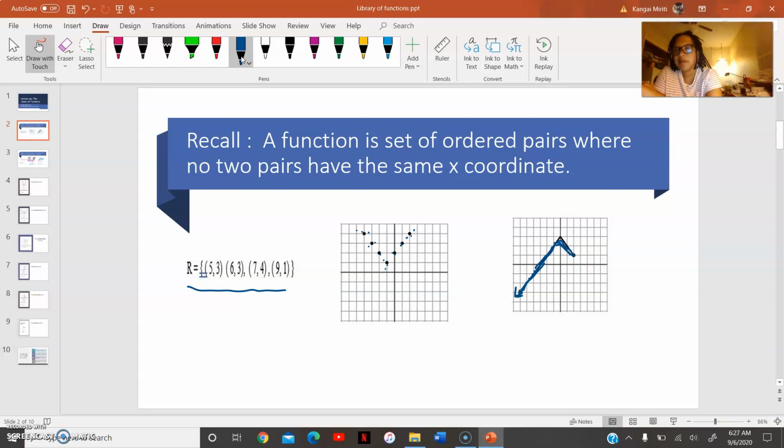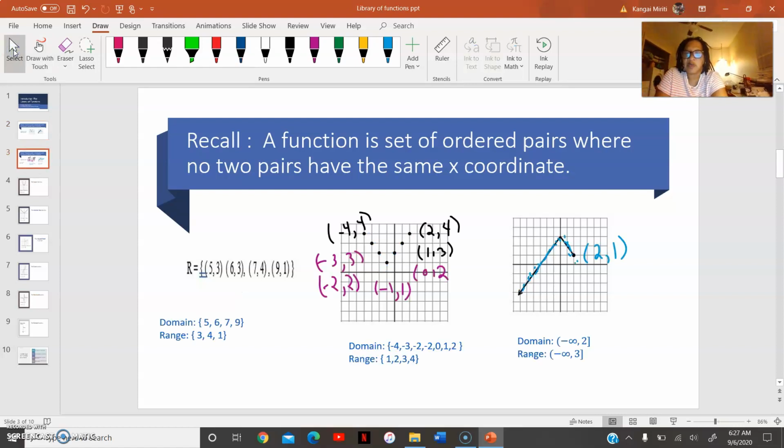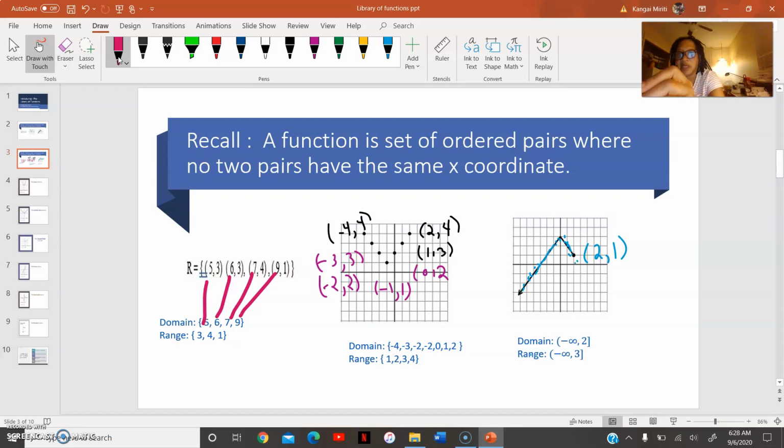point. And just to recall some things about these functions, remember that the domain are all the x values. So the domain of this first function are the numbers 5, 6, 7, and 9, because those are the x values. And the range values are all of the y coordinates. So that's why here the range is 3, 4, and 1.